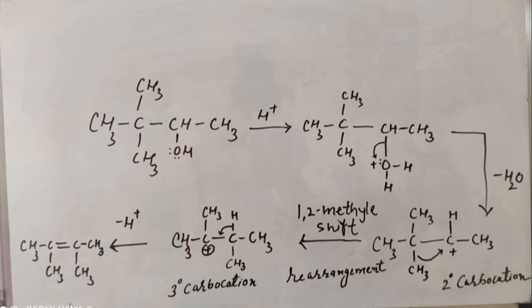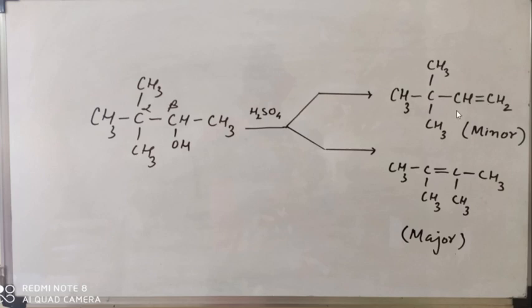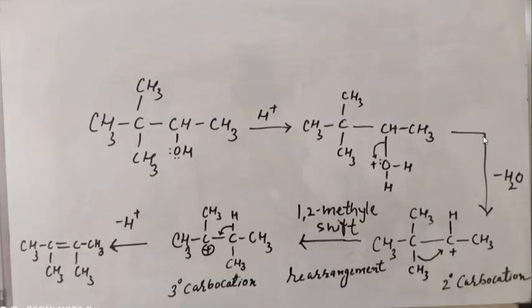Our expected product was 3,3-dimethylbut-1-ene, but the obtained product is different, since the carbocation is formed and rearranges by a 1,2-methyl or 1,2-hydride shift to the more stable carbocation, and forms 2,3-dimethylbut-2-ene as the major product. So what we expect is different here, since the carbocation rearrangement takes place.